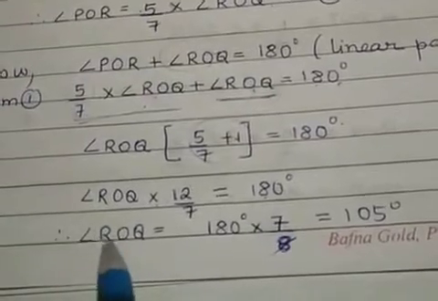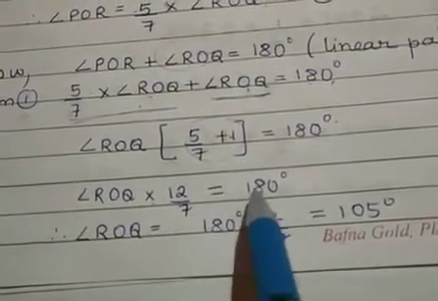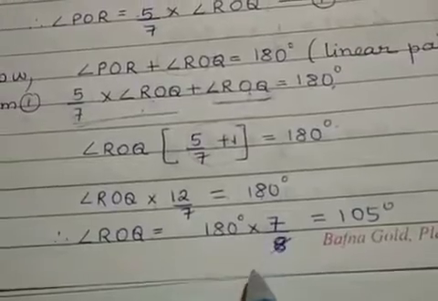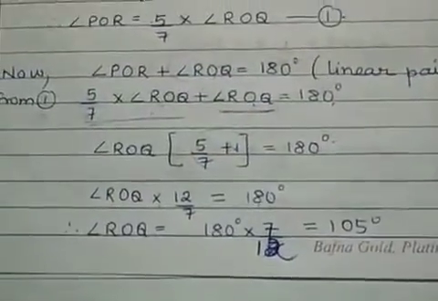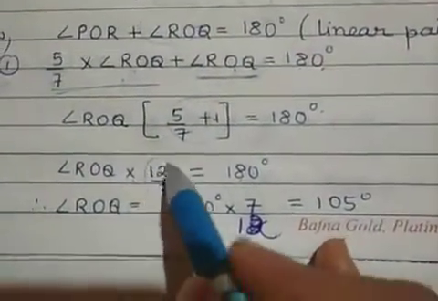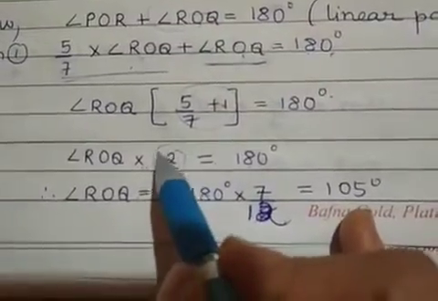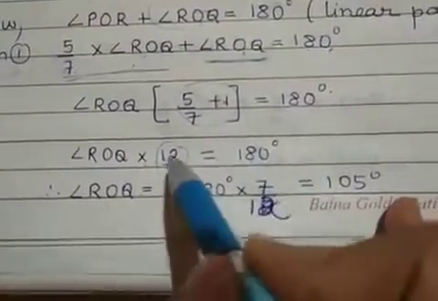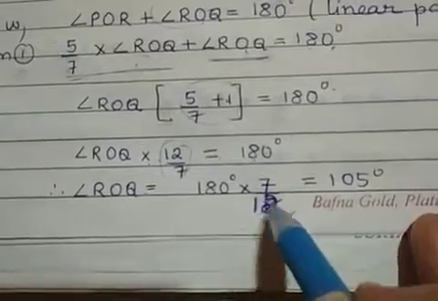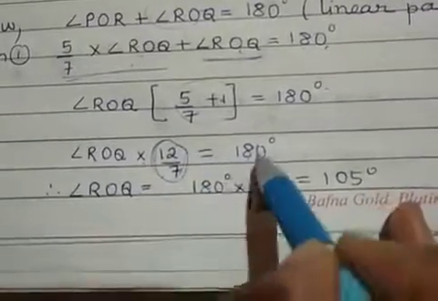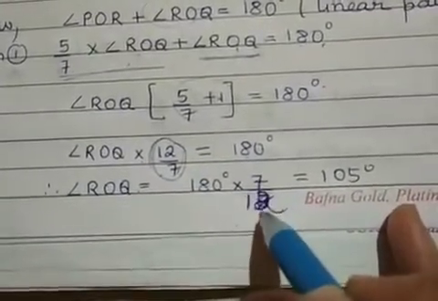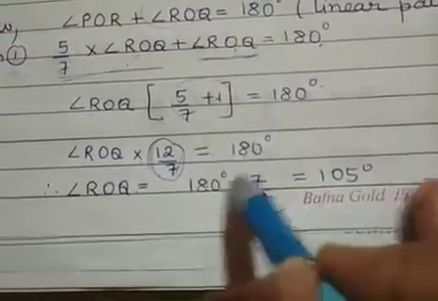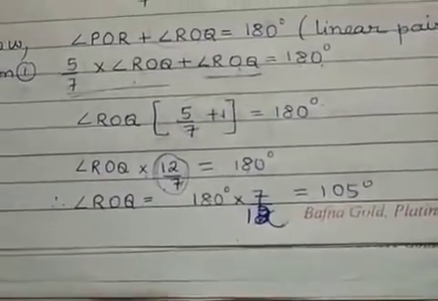So angle ROQ is equal to 180 degrees multiplied by the reciprocal of this: 7 will get multiplied and 12 will come in the denominator. So 180 degrees multiplied by 7/12, and on solving you get this equal to 105 degrees.